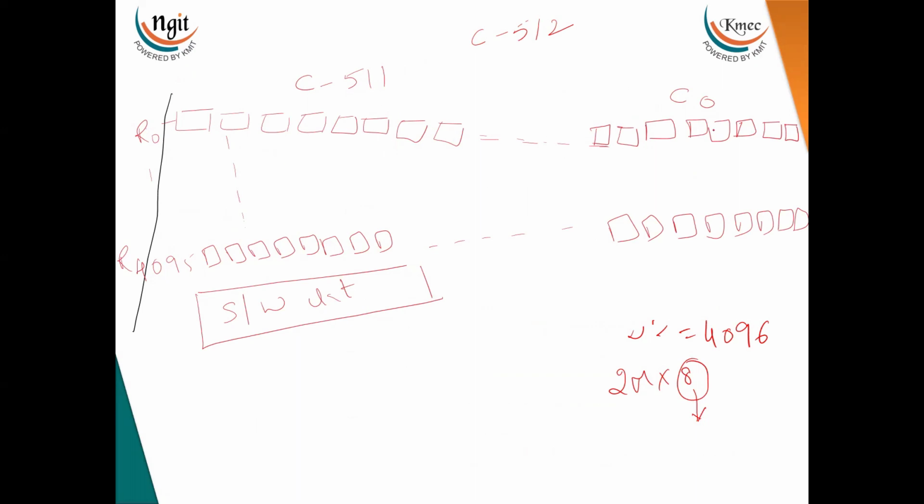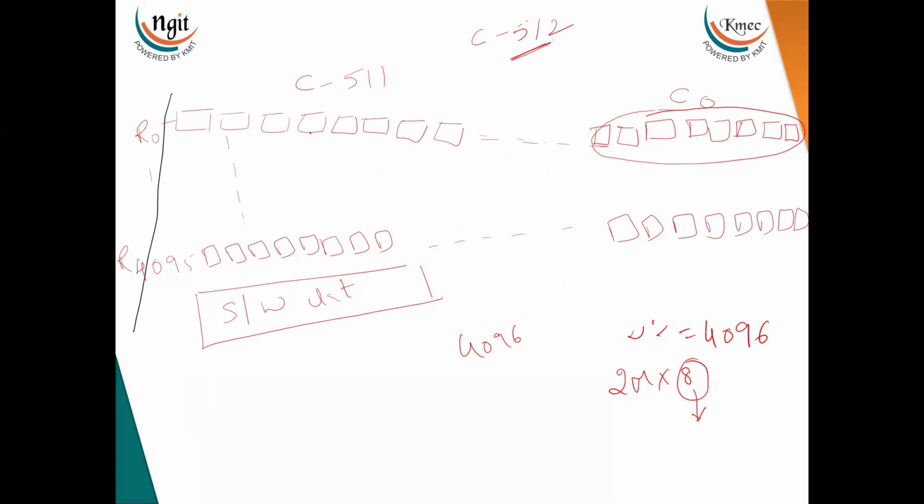So we group each row into 8-bit groups. How many groups do we get? A total of 512 groups, which are nothing but the columns. This is the internal cell.